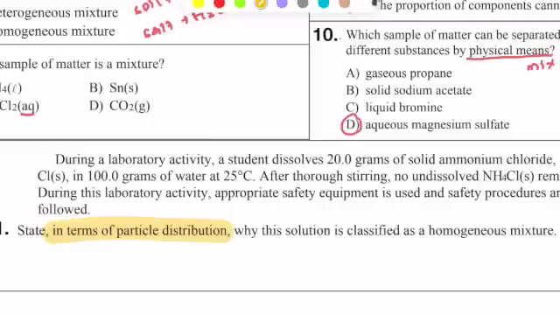Although that answer is correct, when you answer this, you will not say that a homogeneous mixture is the one where the solute and the solvent are completely mixed or completely dissolved. In fact, what you're going to say is that a homogeneous mixture is the one where the particles are evenly distributed, because that's what the question is asking.